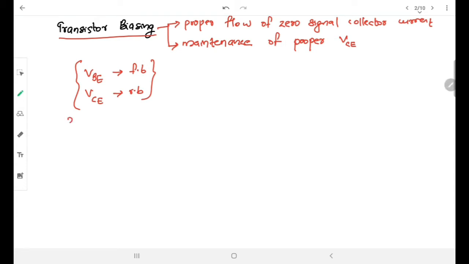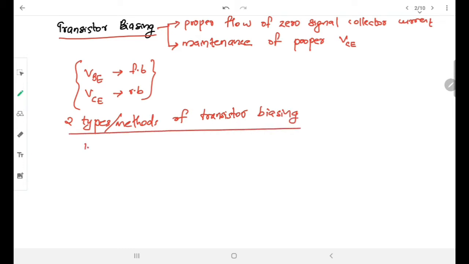There are two types or methods of transistor biasing. The first method, which we already introduced, is by introducing a bias battery. Inserting a battery in the input circuit will make the transistor biased, ensuring that the input circuit is always forward biased and the output circuit is always reverse biased.